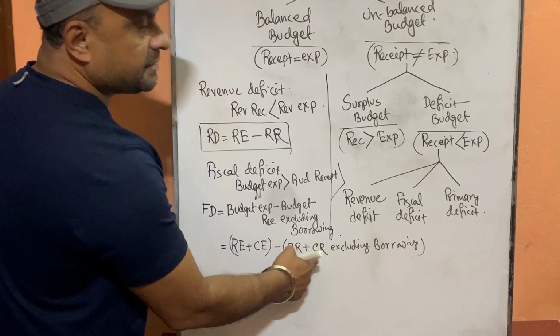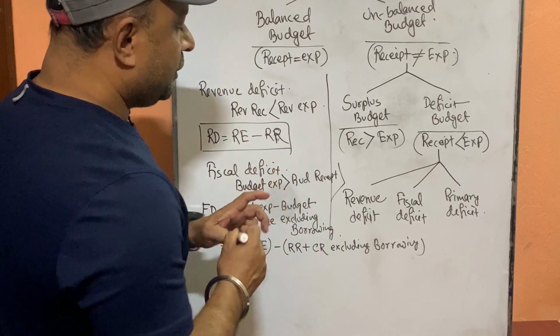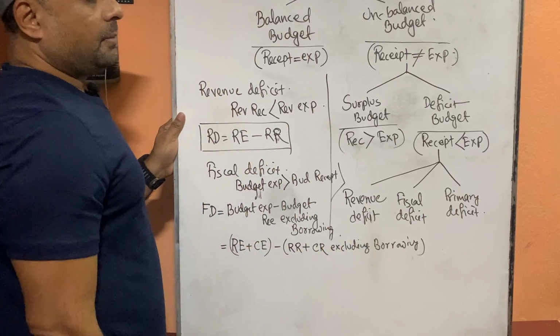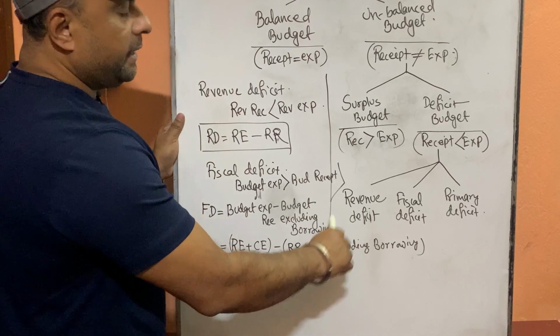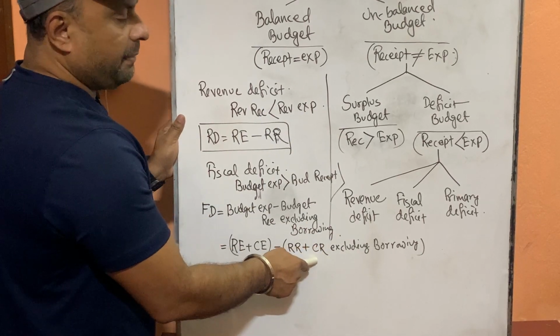Borrowing comes under capital receipt, as we learned earlier. Why excluding borrowing? Because borrowing is not permanent income of the government. When government borrows money, government has to return the money. So we never include borrowing in the capital receipt.